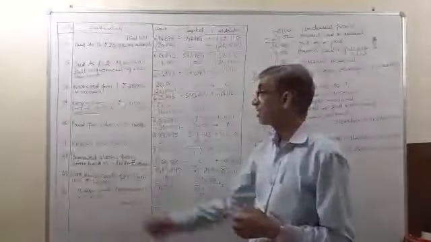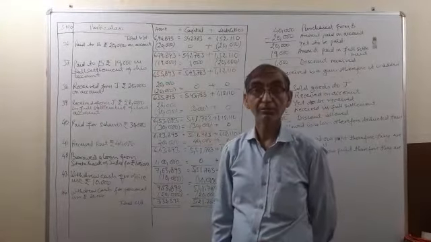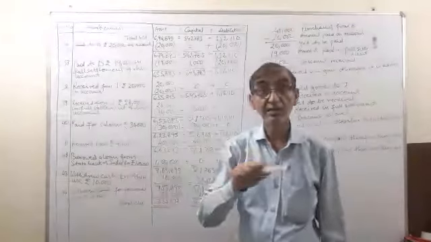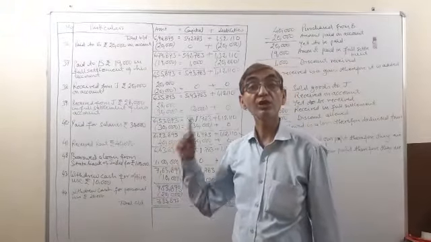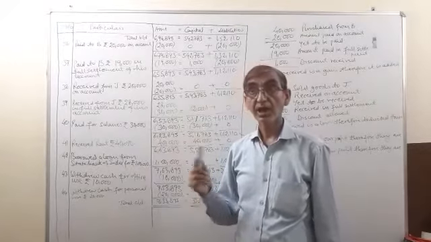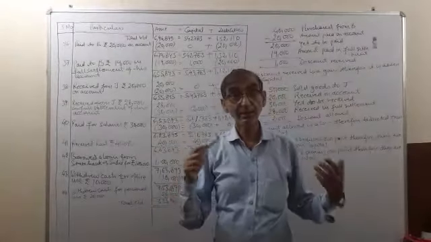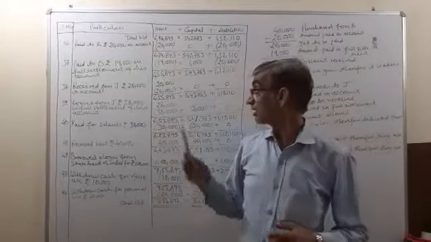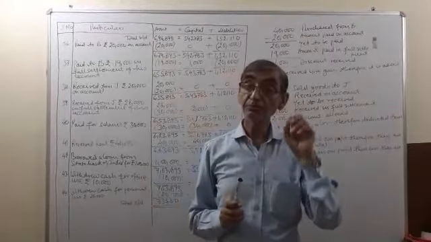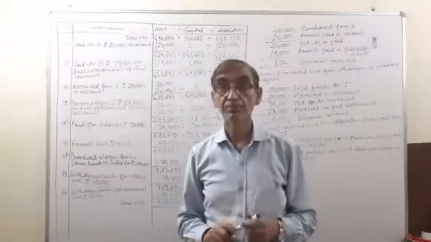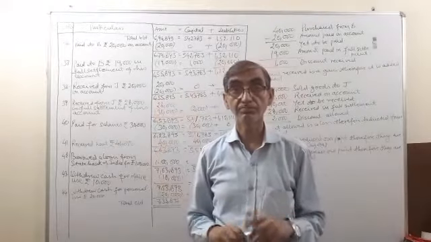Now when we are receiving money from our debtor, the person to whom we have sold goods on credit, he becomes a debtor, and debtor is an asset. Now see, in the previous video it was mentioned sold goods to J for rupees 50,000.